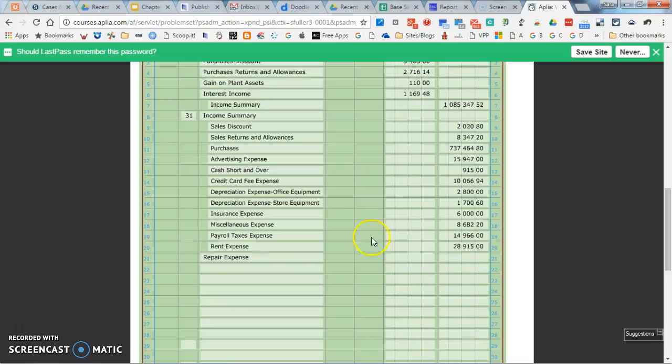Repair expense, $3,485. Salary expense, $158,964. Supplies expense, a credit of $2,300.